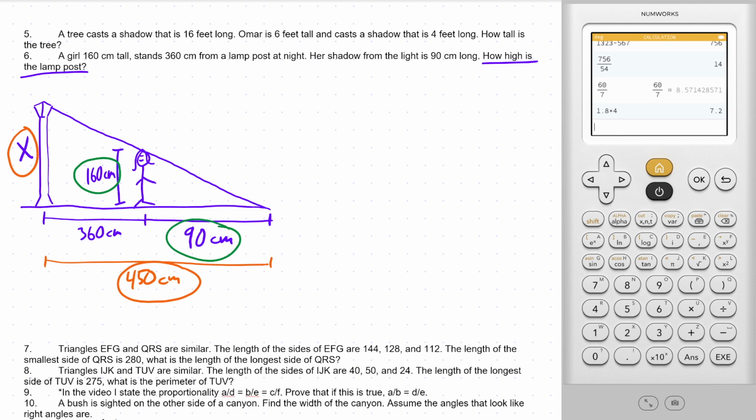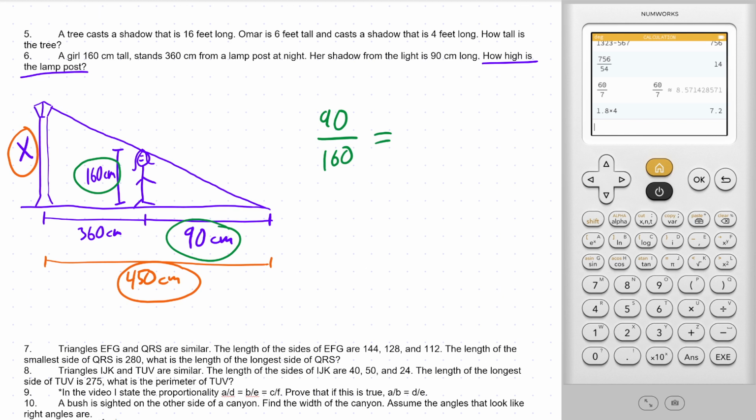So for the larger triangle, I have X and 450 centimeters. Now my proportionality statement, for the small triangle, it's going to be 90 over 160. Of course, I could just as easily do 160 over 90 as long as I'm being consistent.